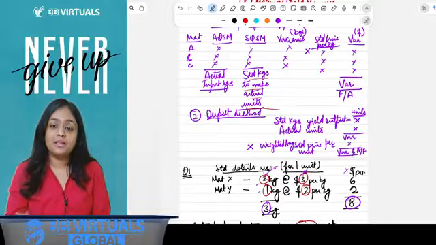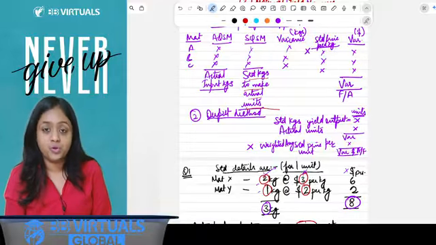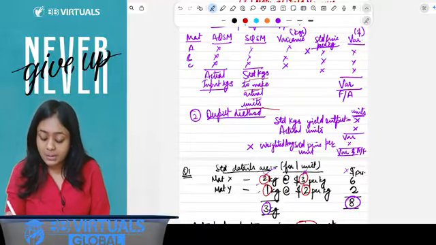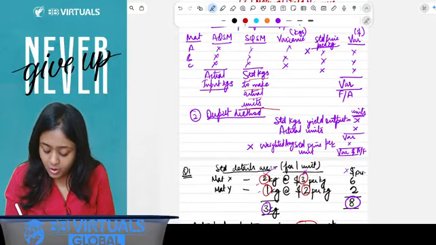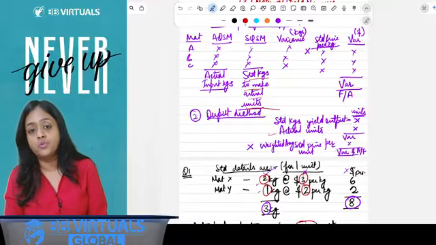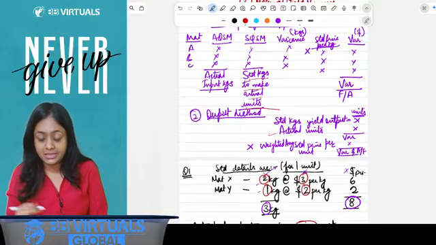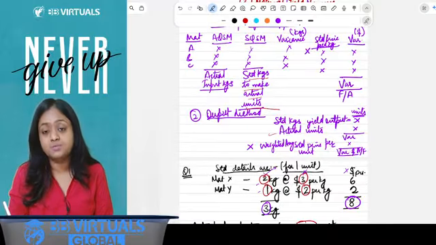And there is one more method for yield variance that we can use to calculate the variances, that is the output method. Like I told you, you will compare your actual output with what the standard kgs can yield. So how much output we can have based on the standard kgs, that we will calculate, and then we multiply it with standard price per kg.